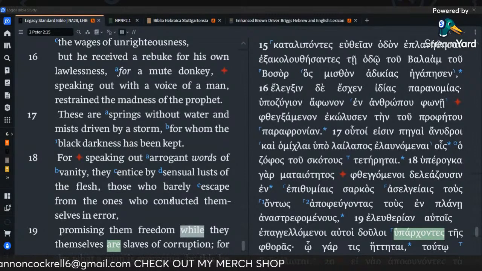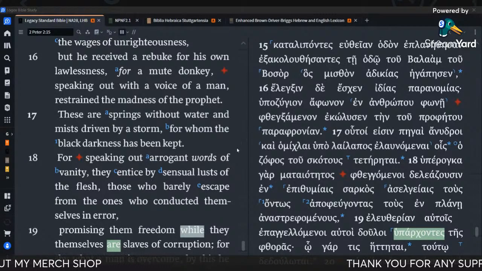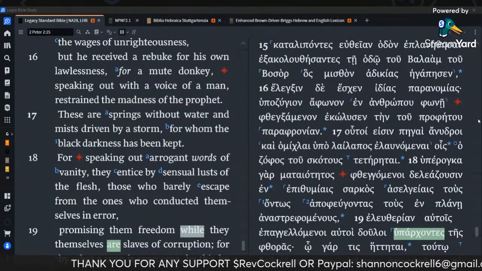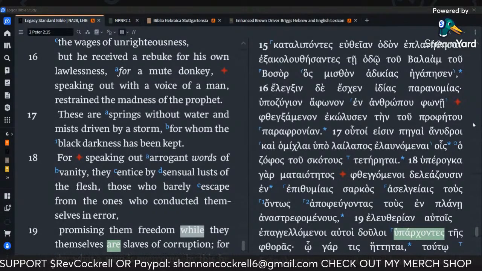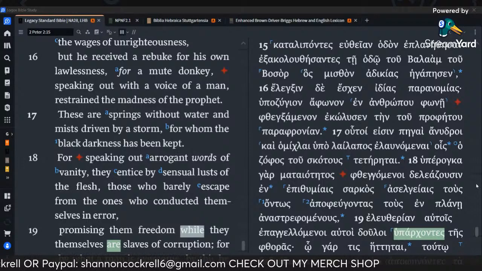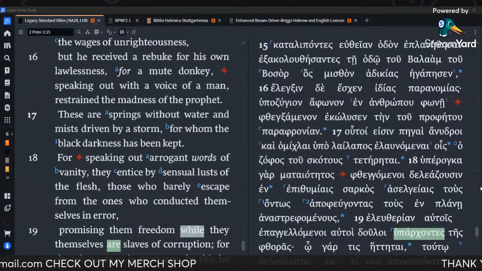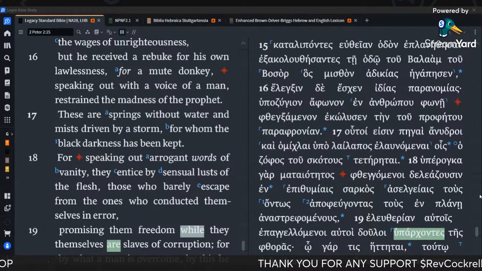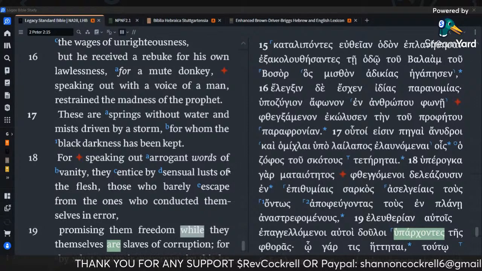They secretly introduce destructive heresies, as he talked about in the earlier verses. And Peter says they are always going to be here. So we as believers have to always be on guard, because they are persistent. Their doctrine is deceptive. Their influence is alluring. Their motives are impure. They don't teach for pure motives.